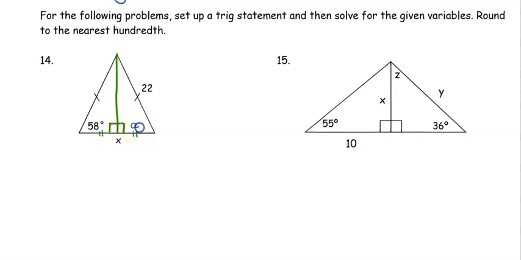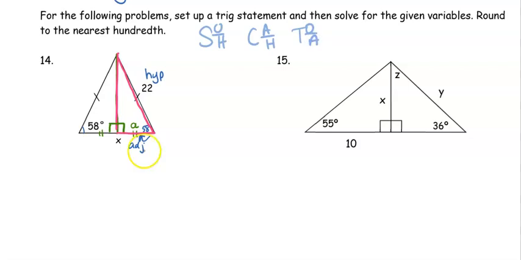I'm just going to give it a variable. I'm not going to give it x because x is already determined down here, which means I am looking for half of my triangle. Now this is an isosceles triangle, so if this angle is 58, this angle is also 58. I am looking for this piece right here, which is the adjacent side, and 22 is the hypotenuse. Always going back to our SOHCAHTOA.